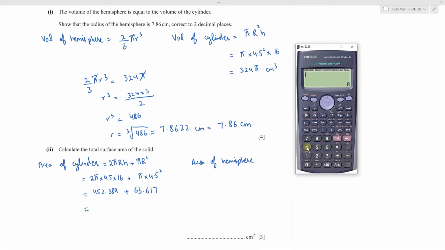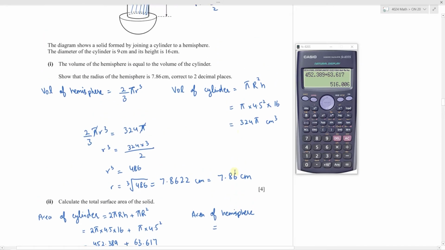So 452.389 plus 63.617 is 516.006 centimeter square.